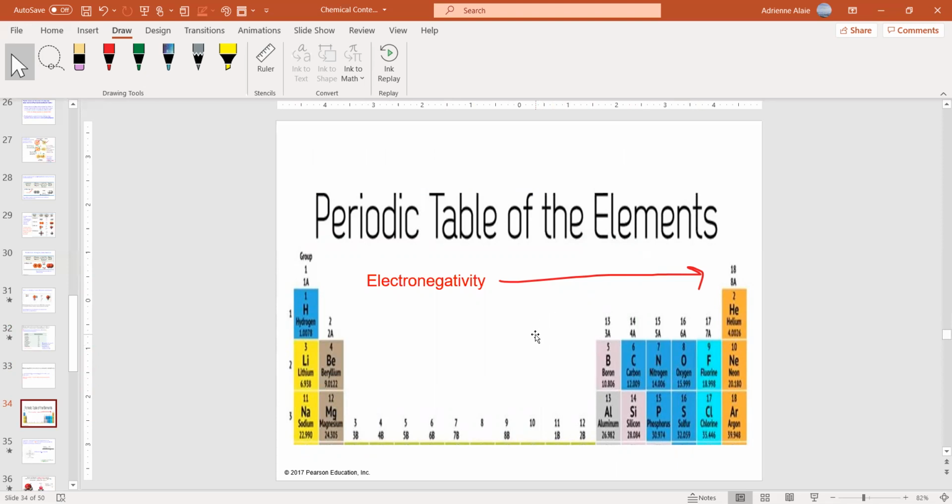And it's kind of easy to think about in some ways because the electrons are attracted to the positively charged nucleus. And as you go across a period in the periodic table of the elements, boron has 5 protons, carbon has 6 protons, nitrogen has 7, oxygen has 8.